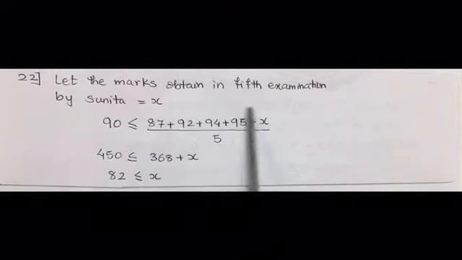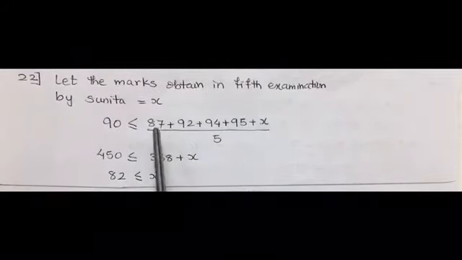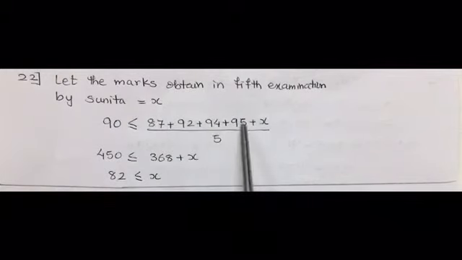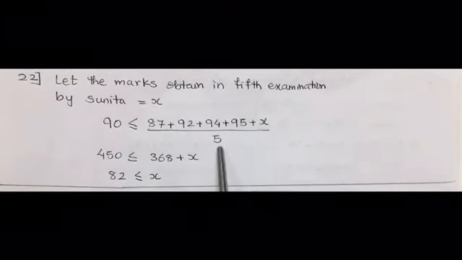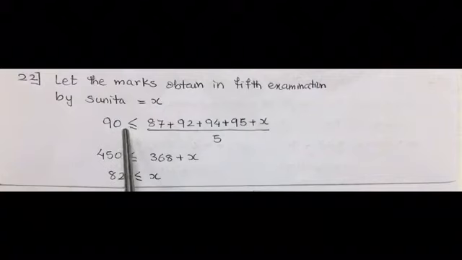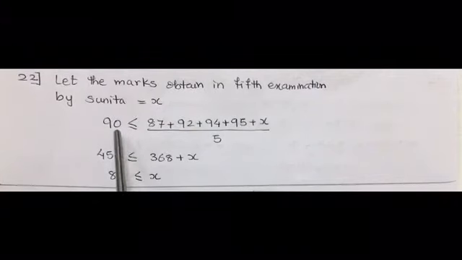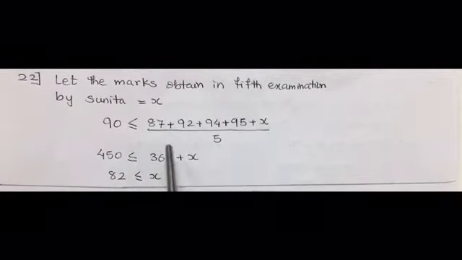So average of all the marks is calculated as 87 plus 92 plus 94 plus 95 plus x divided by 5, and the average is 90 or greater than 90.